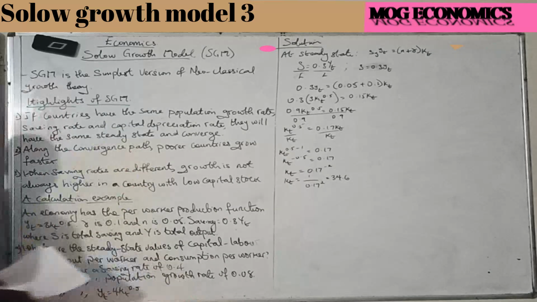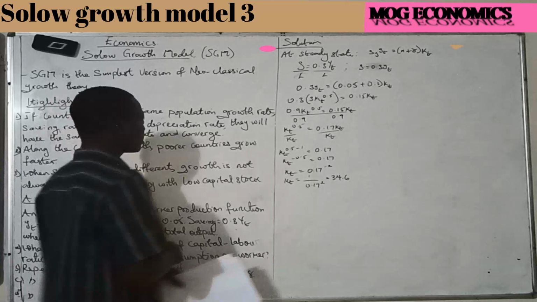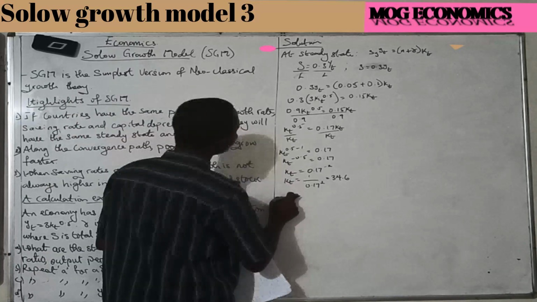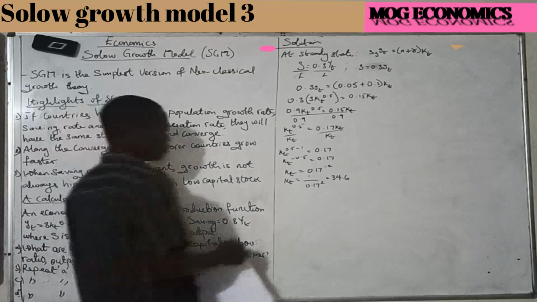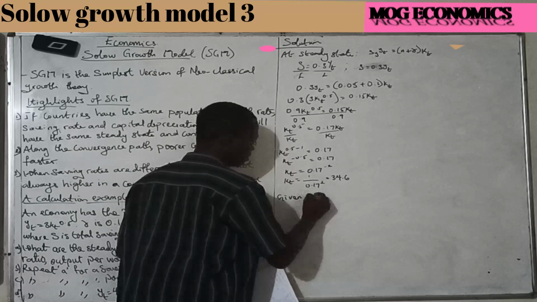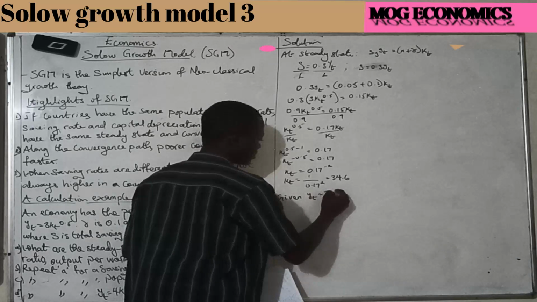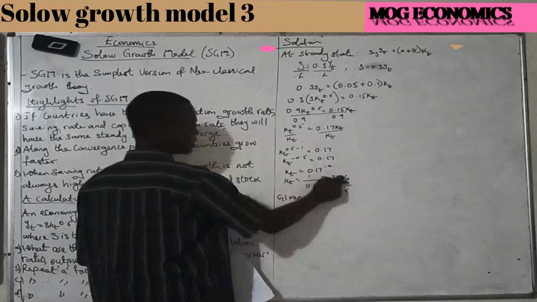The next thing says we should calculate output per worker and consumption per worker. So output per worker: we have YT equals 3 KT raised to 0.5, and here they have KT as 34.6.